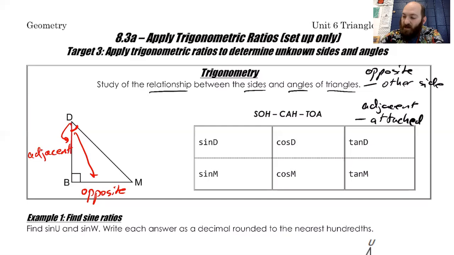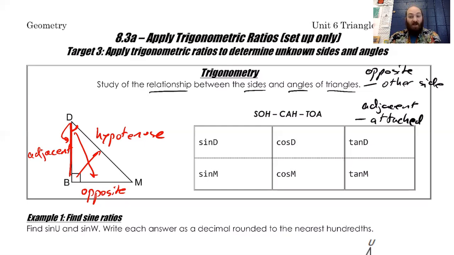It's attached to D like this. Don't confuse it with the other one, because that one is still actually our name from before. It's across from the 90 degrees. This is my hypotenuse. So when I look at an angle like angle D, I can label all three sides of the triangle as adjacent, opposite, and hypotenuse.